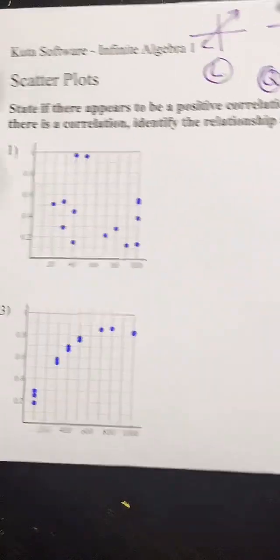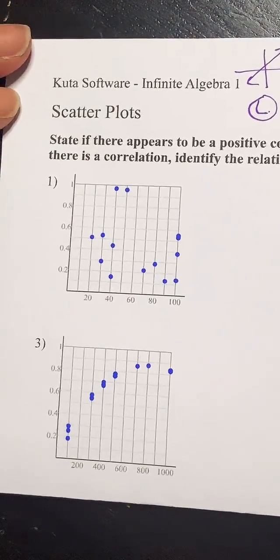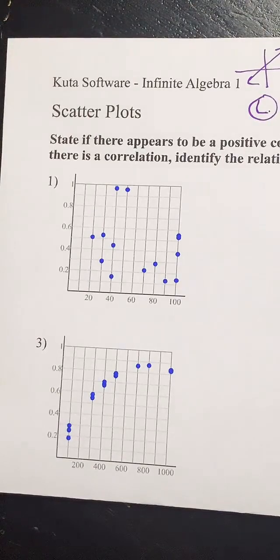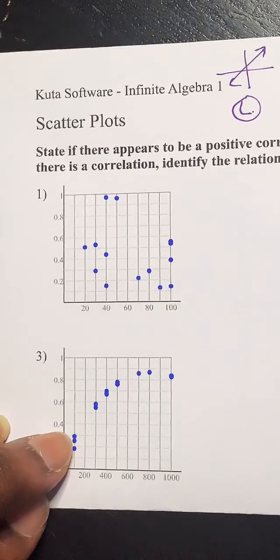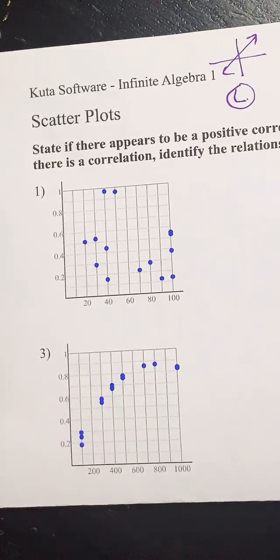All right, so taking a look at the first one. Okay, taking a look at the first one. Positive, negative, or no correlation. Okay, so C4 with no correlation, Matthew no correlation, China no correlation, Brand no correlation, Pong no correlation.